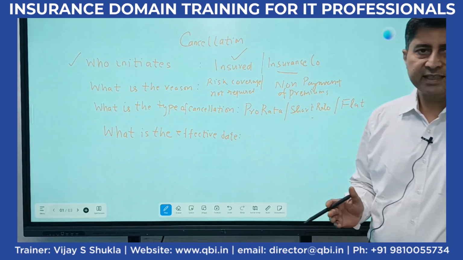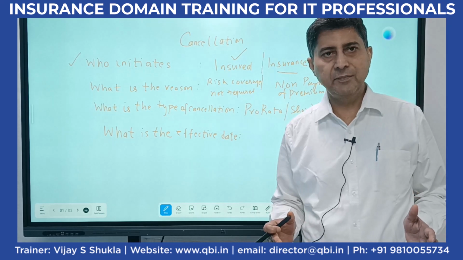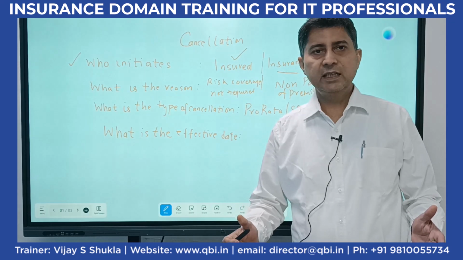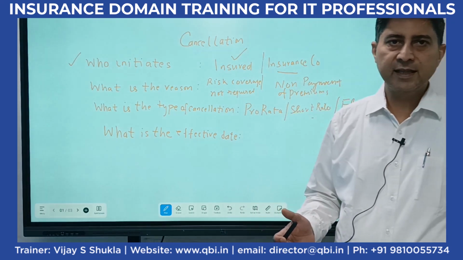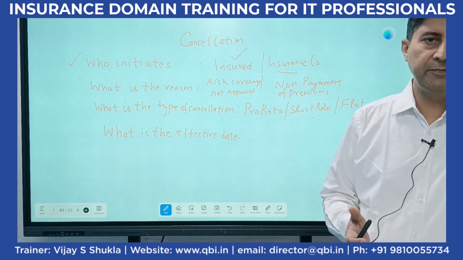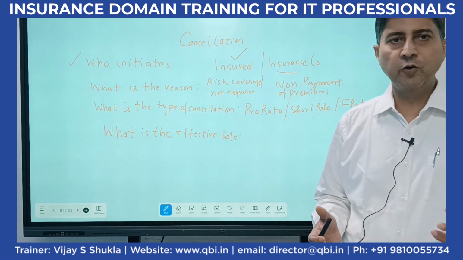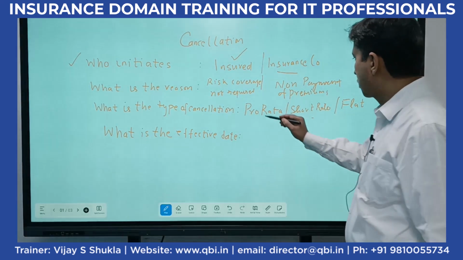Pro rata cancellation means the adjustment of premiums will be taken up on a pro rata basis. Say for example, if it is a 12-month policy and only 3 months have passed and the policy gets cancelled, so 3/12, that is 1/4 of the premium will be consumed, will not be refunded by the insurance company, whereas 3/4 of the premium will be refunded to the insured. So this is the pro rata.